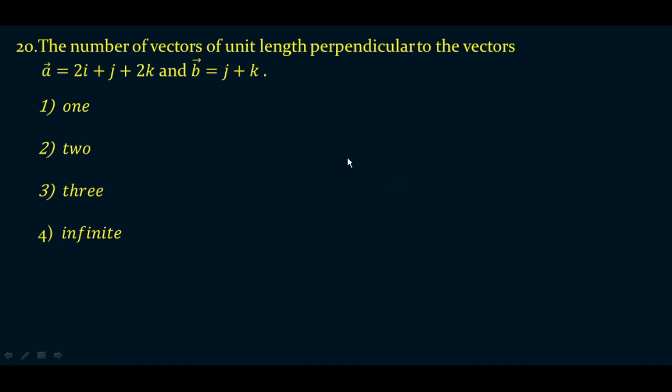Suppose this one is the vector a and this one is the vector b. Here the number of unit vectors, unit length, perpendicular to a and b. You know the vector perpendicular to both a and b is called a cross b. It is a vector perpendicular to both the vectors a and b.